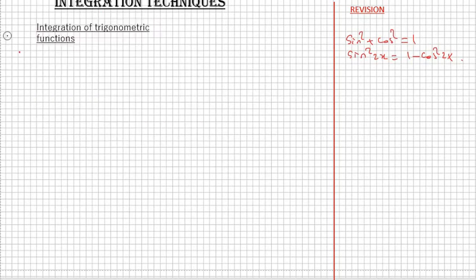So let's look at another example here. In this case we have the combination of cos and sine. So let's say for instance, for both cases the exponent is even.